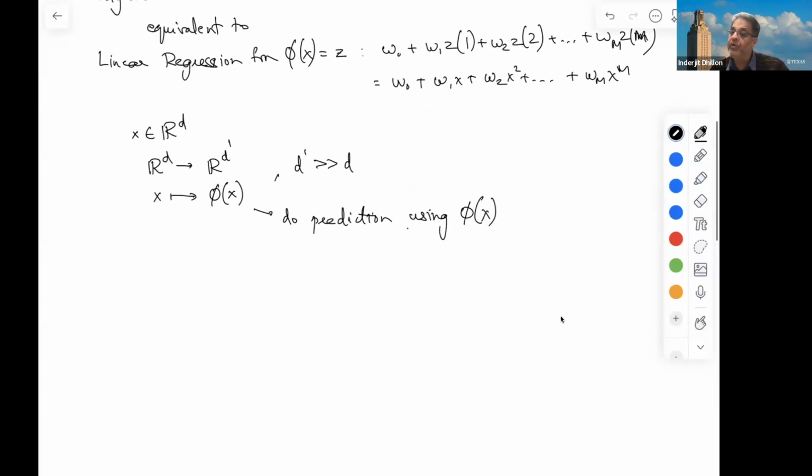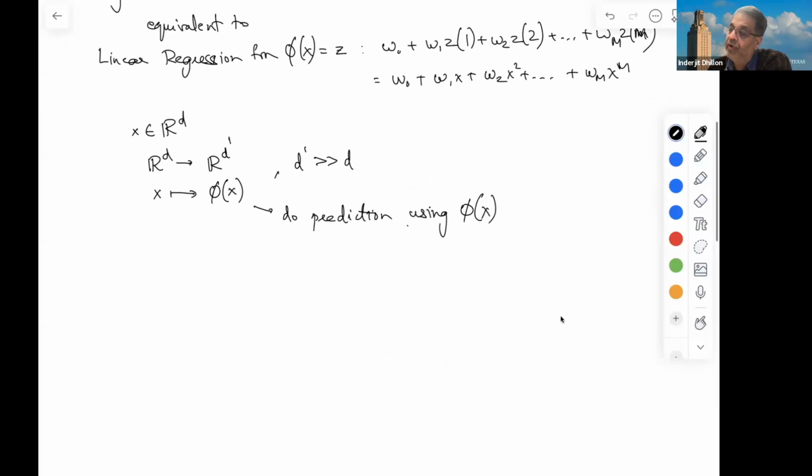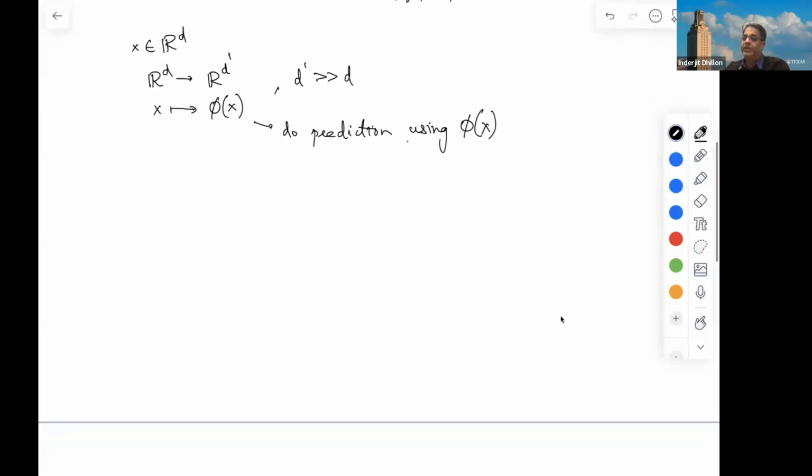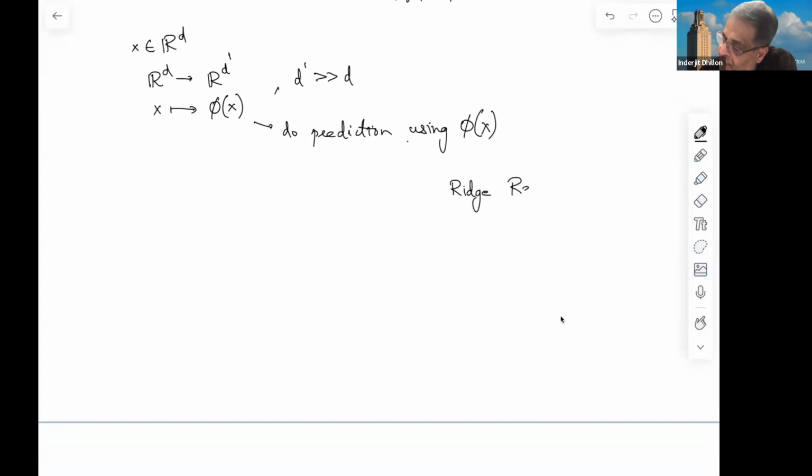Okay, so now what we will do is ridge regression. I'm going to contrast it with just the linear regression that we did. So let me write it over here, ridge regression. The goal in ridge regression is to minimize a combination of fit and regularizer.